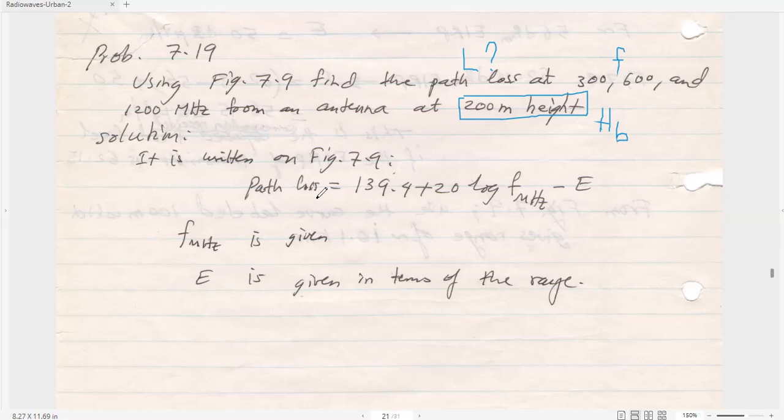The path loss from figure 7.9 is given by this equation, 139.4 plus 20 log F minus E. F is given, you plug in 300, then 600, then after that 1200. And E is given in terms of the range here.